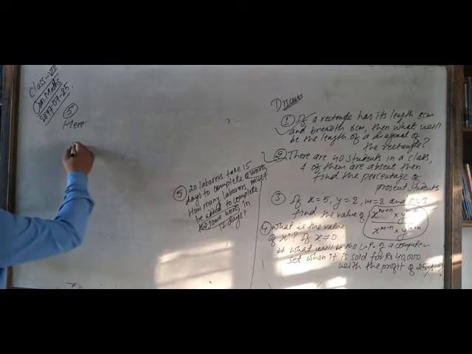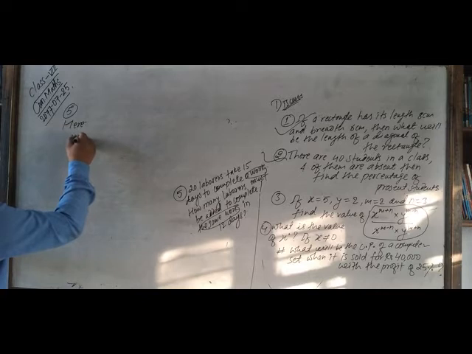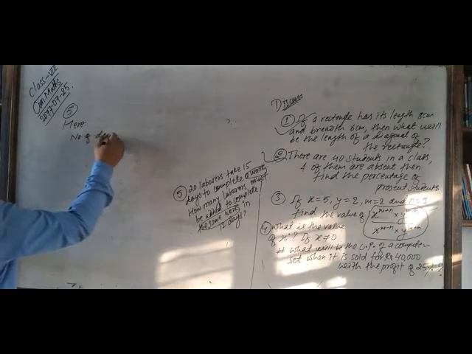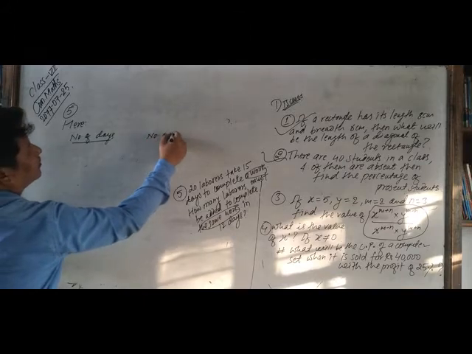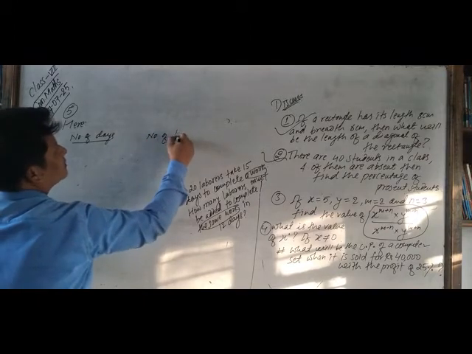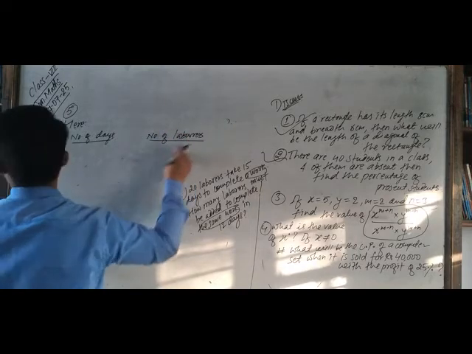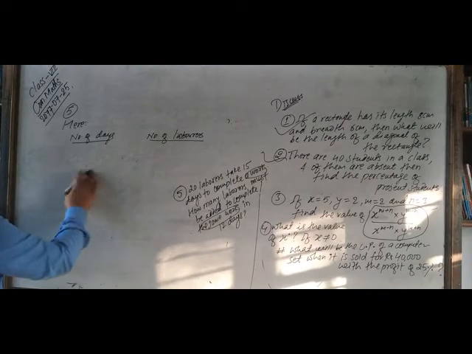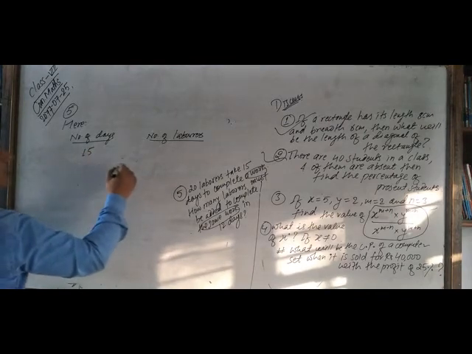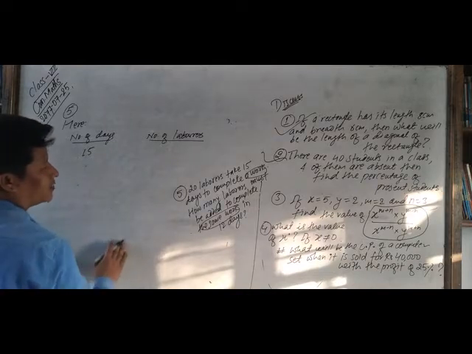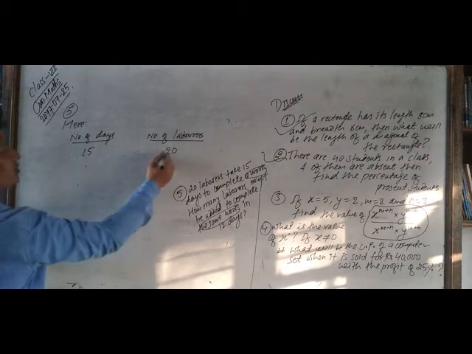So we have to find how many laborers. Number of days is given here, and number of laborers is also given here. So in 15 days our work is done by 20 laborers.